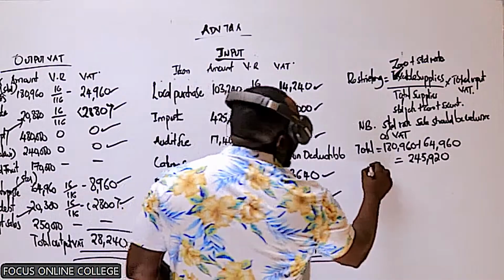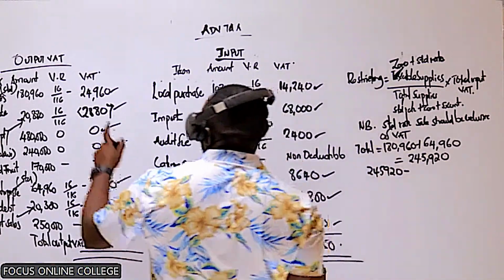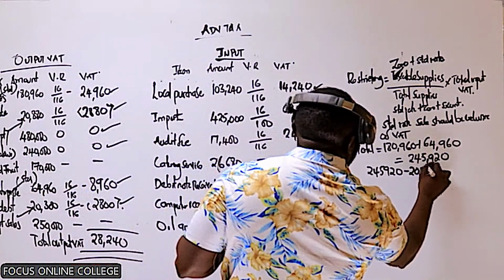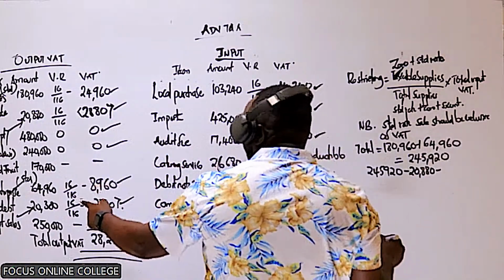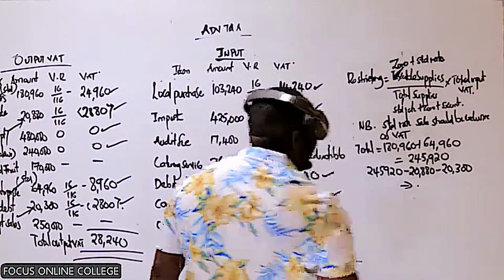We adjust this figure, 245,920, by lessing the credit note, which is 20,880. We adjust it by lessing 2,300. So when you adjust this, what is the net figure?